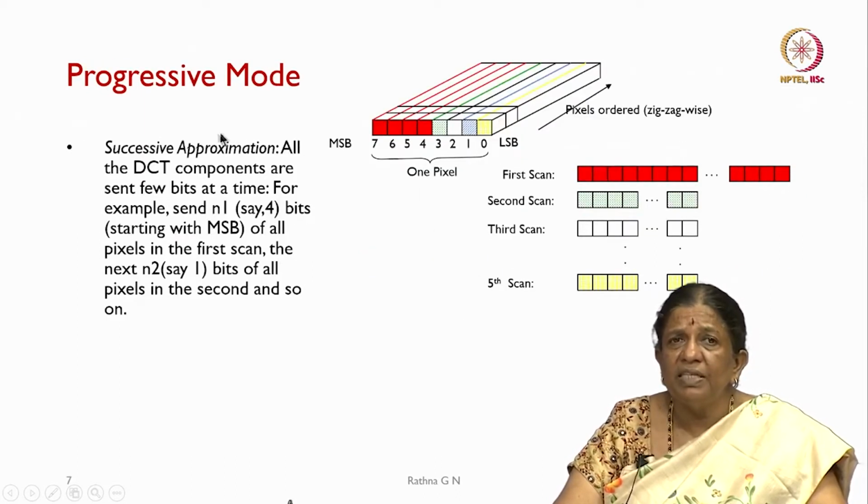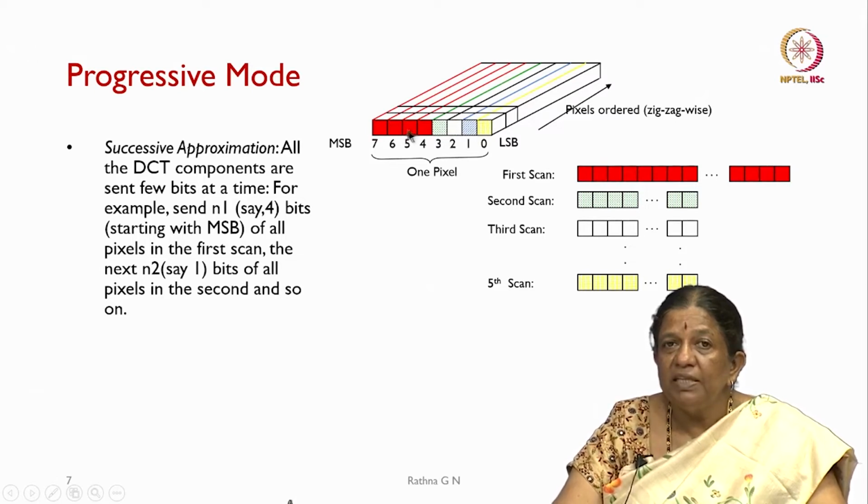As you can see, in the progressive mode, successive approximation, all the DCT components are sent a few bits at a time. For example, n1 says 4. So, you are seeing that these are the 4 pixels which are sent, starting with the MSB of all pixels in the first scan. The next, n2, in this case only 1 bit will be sent; that is the complete length of it.